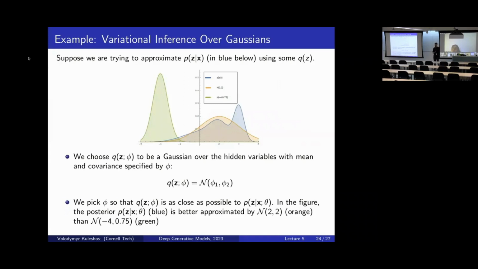The orange is not exactly like the blue distribution, but it's close enough. So if I draw samples from the orange Gaussian, I will get something which looks reasonably similar to samples drawn from the blue distribution. And if I use those samples in my ELBO, I will get a reasonably good approximation for the marginal likelihood objective. So that's one example.